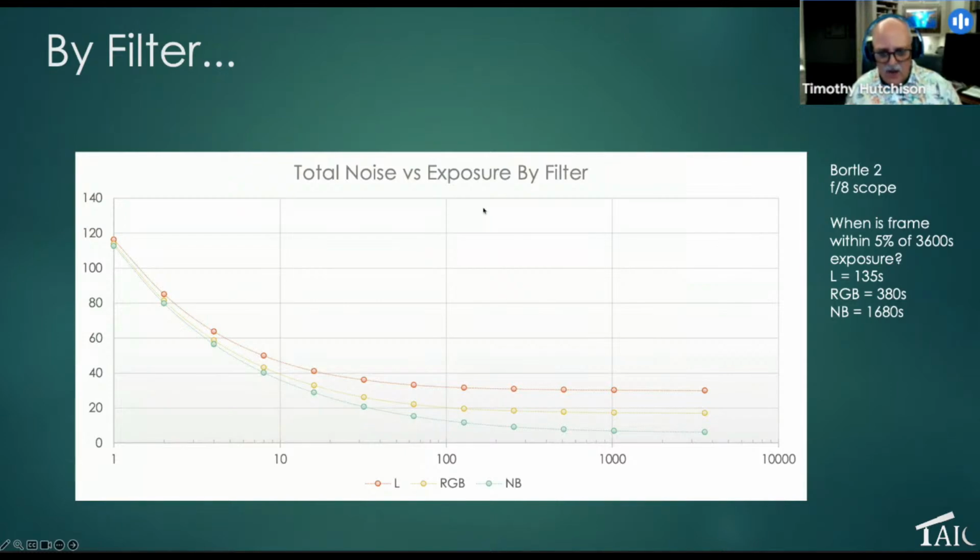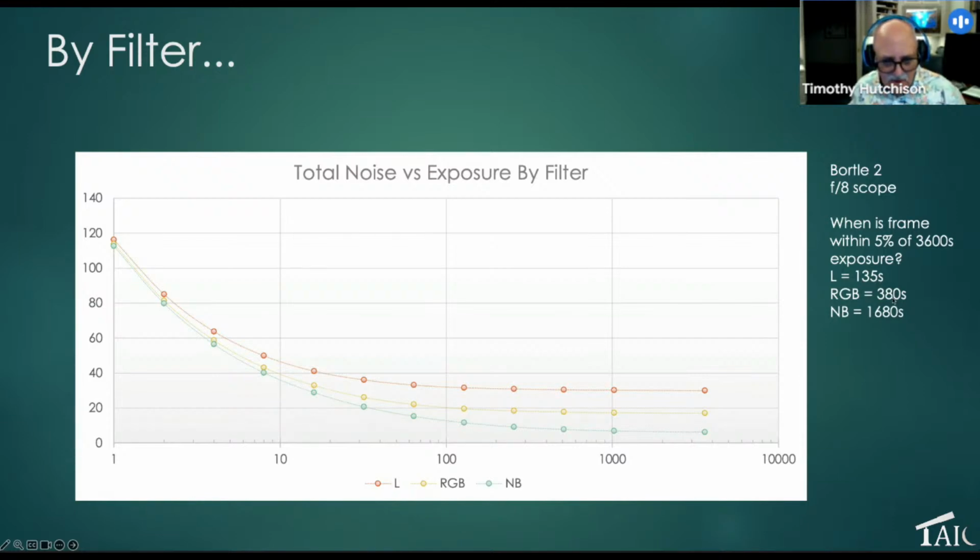But if we look at a Bortle 2 sky, we see that our luminance kind of settles down quicker than RGB, and RGB settles down quicker than narrowband. And out here, I've given the numbers. If I look for when the frame is within 5% of a 3600 second exposure, the luminance gets there in 135 seconds.